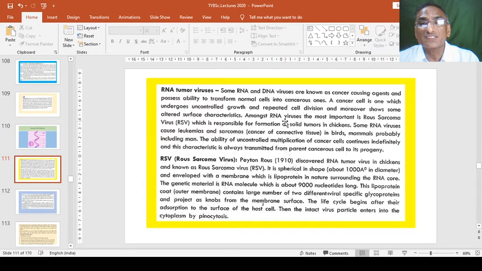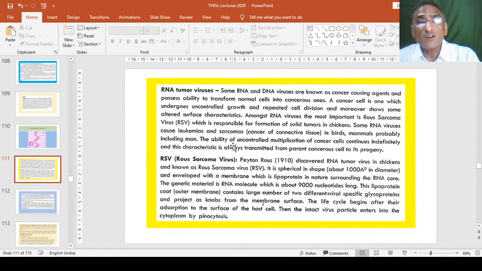Amongst RNA viruses, the most important is Rous sarcoma virus or RSV, which is responsible for formation of solid tumors in chickens. Some RNA viruses cause leukemia and sarcomas, cancer of connective tissues, in birds, mammals, probably including man.